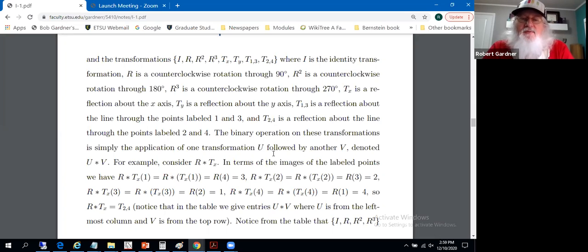So the behavior of these transformations on 1, 2, 3, and 4, those corners, determines the behavior on the square. For example, if U and V are transformations, we'll denote the composition of those 2 transformations U star V. So we're using function composition as the binary operation. This ain't the last time we'll use function composition as the binary operation in a group.